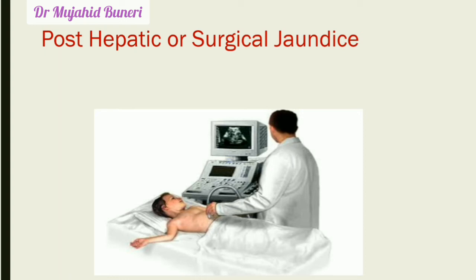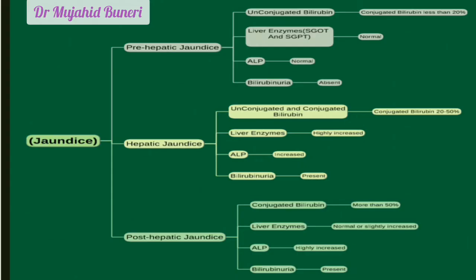Having learned the basic concepts, now let's come to how to differentiate. I will discuss it in table form by which you can differentiate. So, in prehepatic jaundice, unconjugated bilirubin will be more than 80% or we can say conjugated bilirubin will be less than 20%.